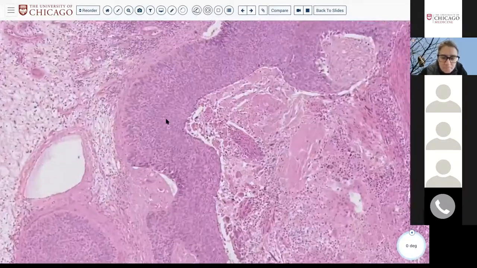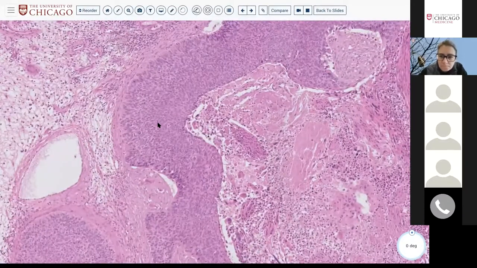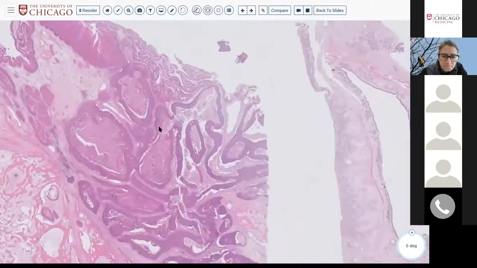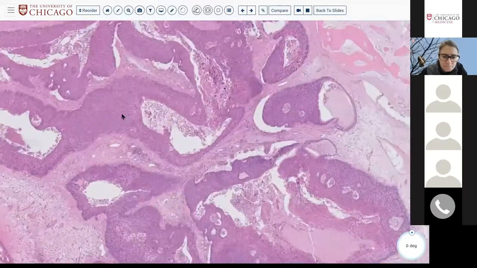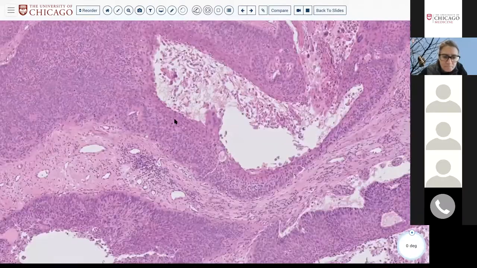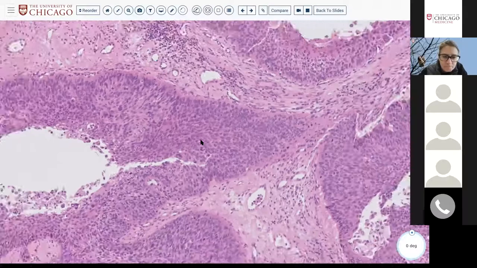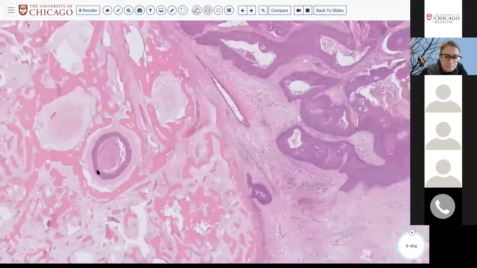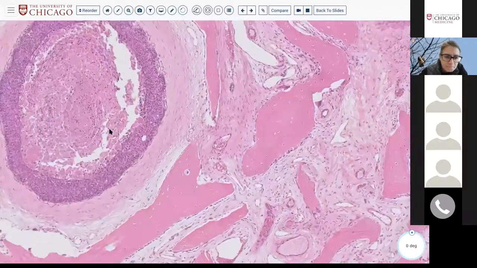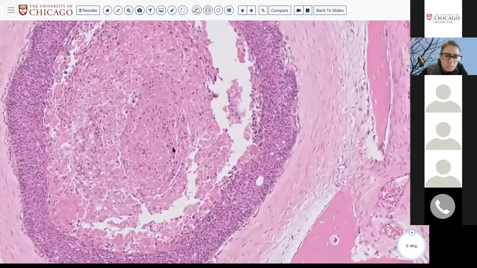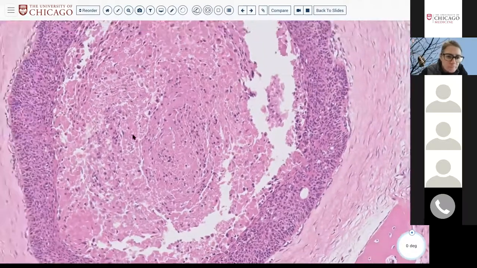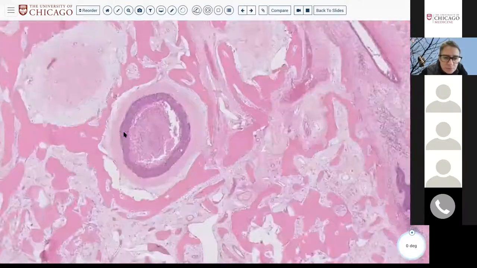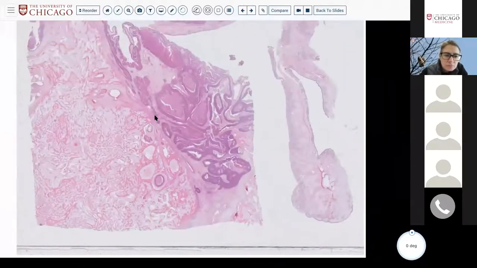It has an endophytic growth pattern. And then in the center, there are multiple areas where the nests look like they're falling apart, and there's also some keratinous debris and maybe some necrosis. And here it looks like it's in the bone, actually.